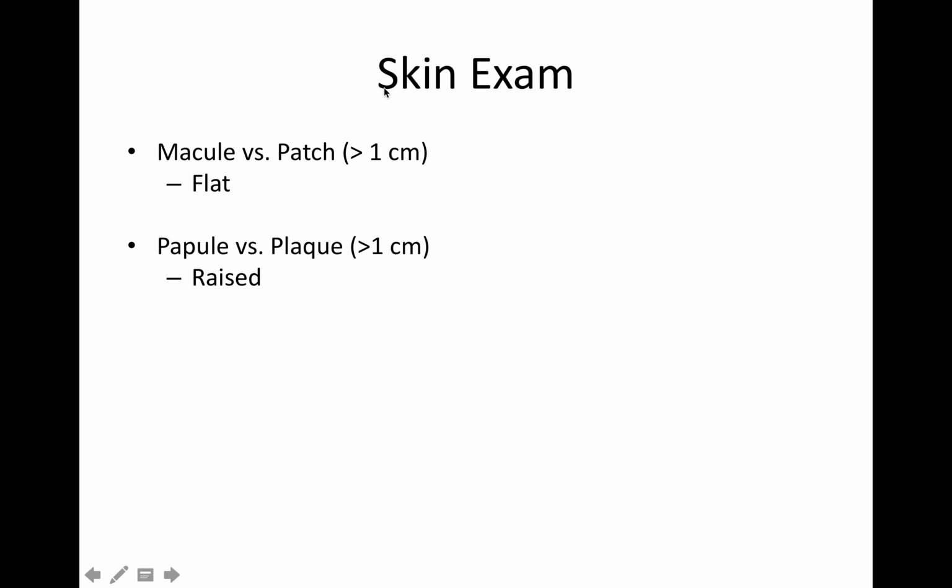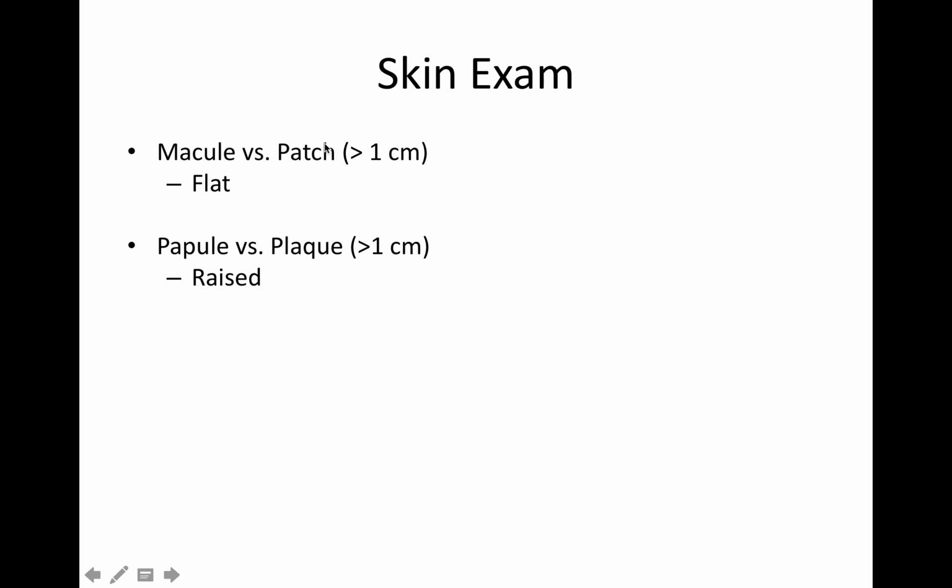What do we want you to know about the skin exam? Very basic things, really. Be able to tell the difference and describe the difference between a macule and a papule. If you have a lesion that is flat and small, less than 1 centimeter, it is called a macule.